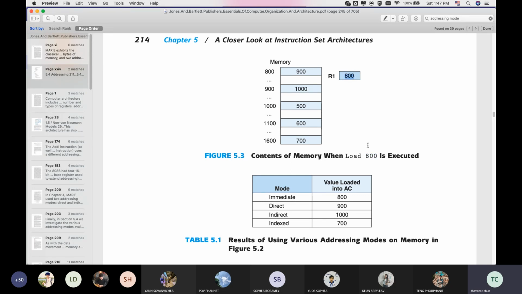So 800 plus 800 is 1600, and that combination becomes the effective address. You go back to RAM, and you will find the value 700 there. That's why you will get the value 700 in the accumulator in case the addressing mode is index addressing. All right, it's a bit complicated, but if you have done it a lot, you will see how easy it is. Just remember the order: immediate, direct, indirect, and index.